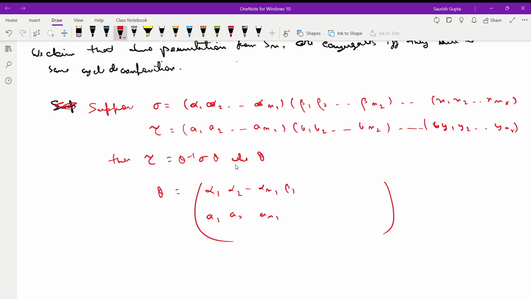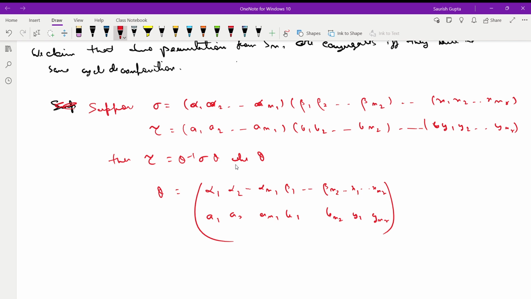Then beta 1 is mapped to b1 till beta n2 to bn2, and so on. I have x1 mapped to y1 and xnr mapped to ynr. Clear? This will do the job.